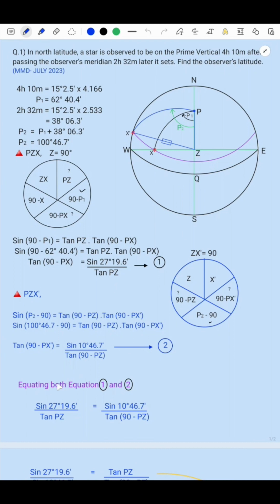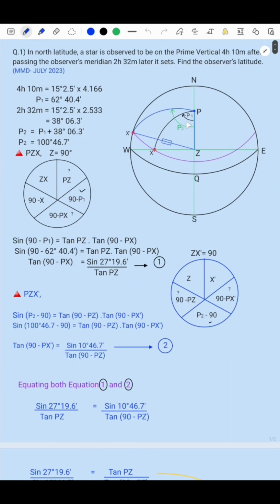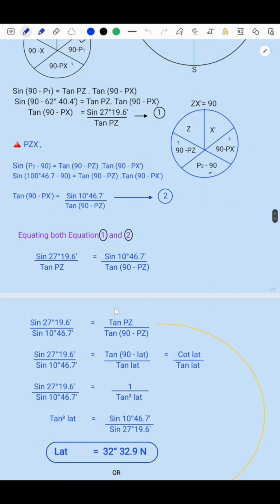We will equate both equations 1 and 2 because we don't have all the other information required to find the observer's latitude. So equating equation number 1 and 2, sine 27 degree 19.6 divided by tan PZ comes here, and from equation number 2, sine 10 degree 46.7 divided by tan of 90 minus PZ comes here.